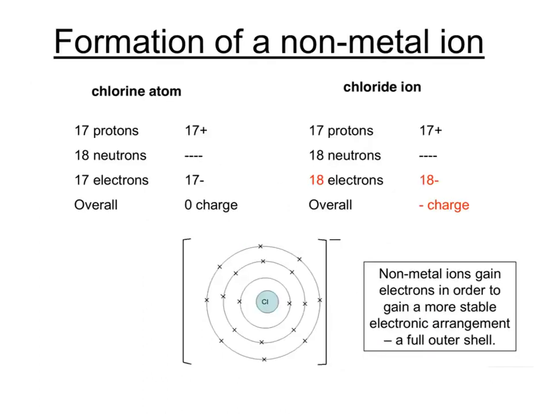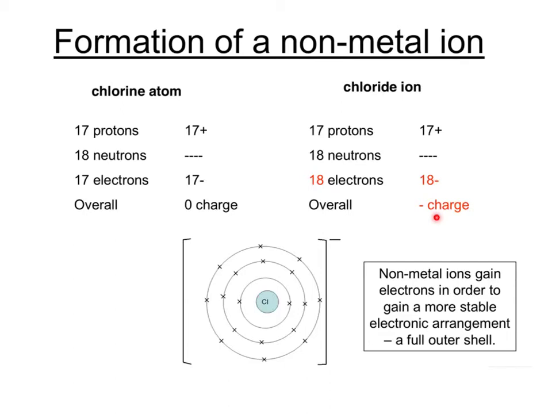Now let's look at how it gets its charge. The chlorine atom originally has 17 protons and 17 electrons, so it's got 17 pluses and 17 minus charges, which gives it overall no charge. But now that the chloride ion has gained 1 additional electron, it's now got 17 protons but 18 negative electrons, overall giving it a 1 minus charge left over.